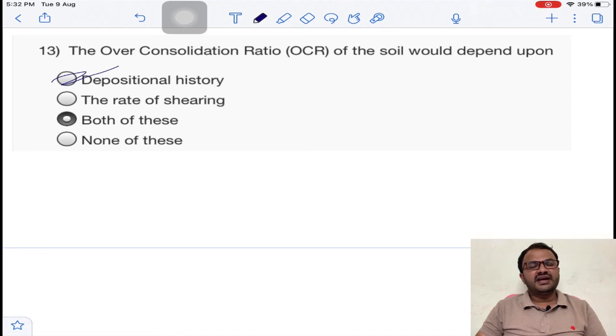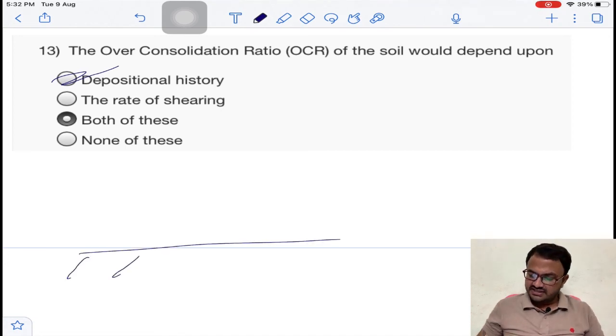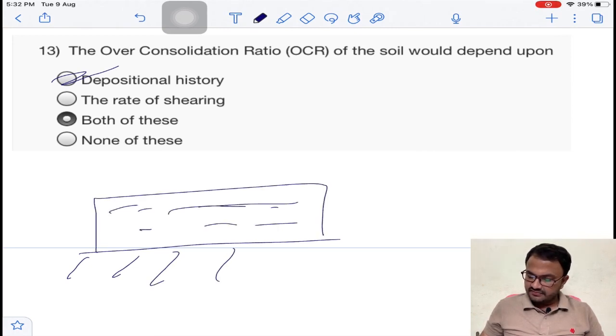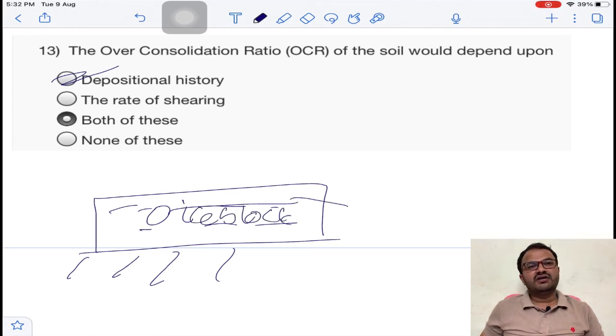And rate of shearing. Rate of shearing means, for example, there is a lot of ice here on this ground. This is an ice block. This ice block completely melted. That is, the load over this soil gets reduced.